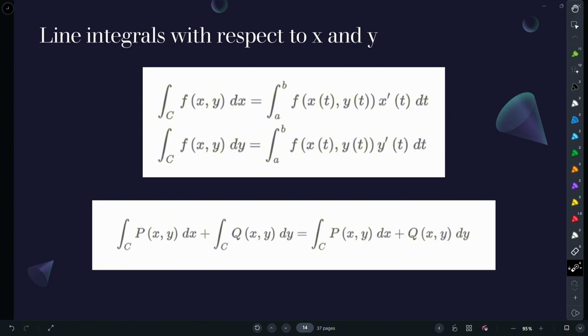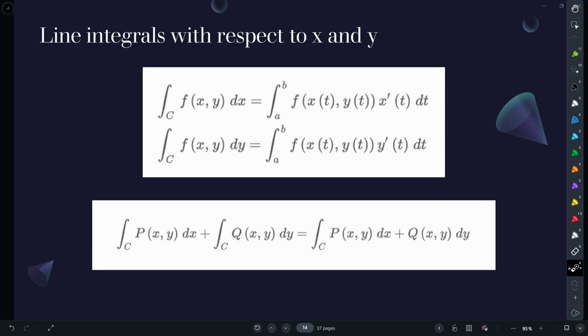Two different line integrals that we also do: sometimes, instead of adding the contributions along the entire curve by arc length, we switch and look at adding all the possible contributions of how much the x coordinate has changed from point A to point B. In arc length we have the integral of the square root of x prime squared plus y prime squared.